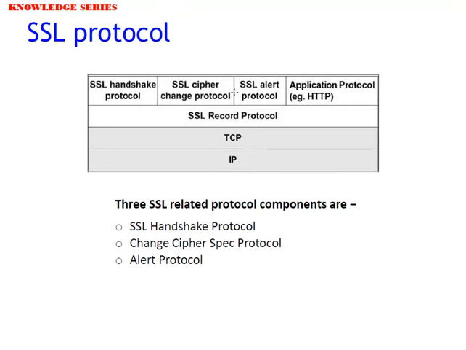SSL is basically divided in this fashion. On one side you can see that it is a collection of handshake, change cipher, alert protocols, applications, and record protocol, which then work under the TCP IP scenario.